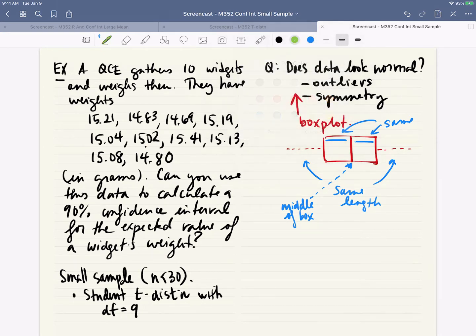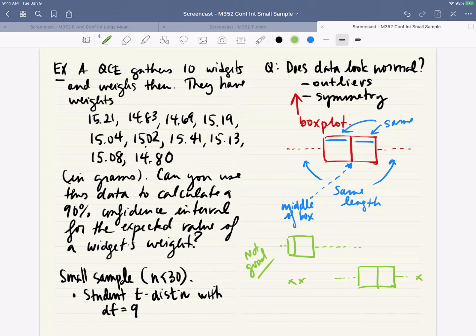If, on the other hand, our box plot looks like this, that's not very symmetric at all, and so we're not going to be happy with that. Or if our box plot has outliers, these aren't going to be good for us either.